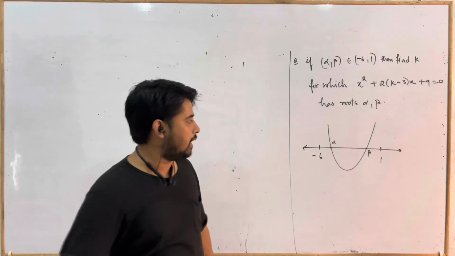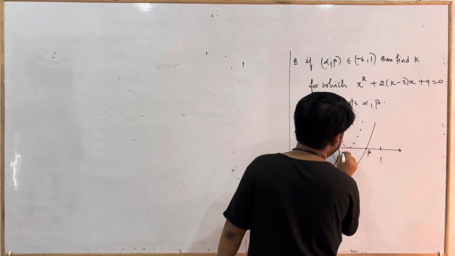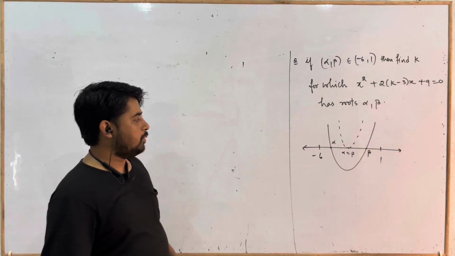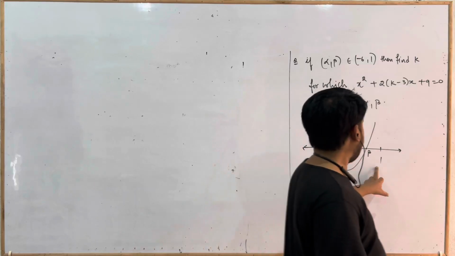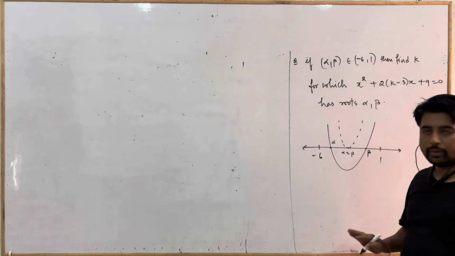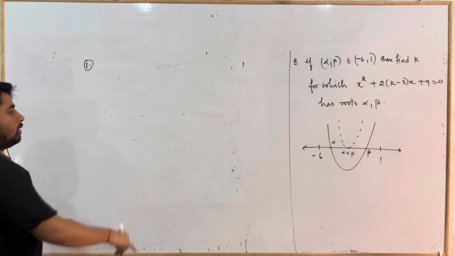Right? The graph can look like this also, when both alpha and beta are equal, can be equal, no issue. That means both roots alpha and beta lie between -6 to 1. Okay. So what will we discuss first? What about the D?